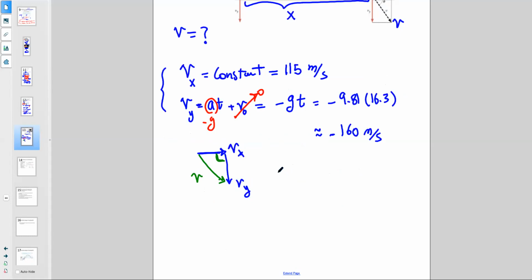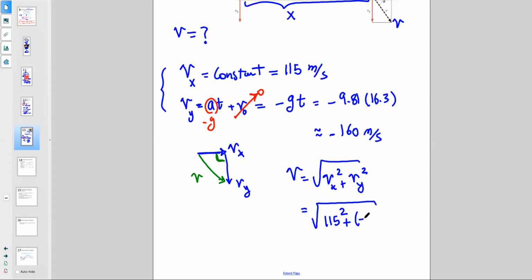So the final velocity is the square root of v of x squared plus v of y squared, which is 115 squared plus negative 160 squared.